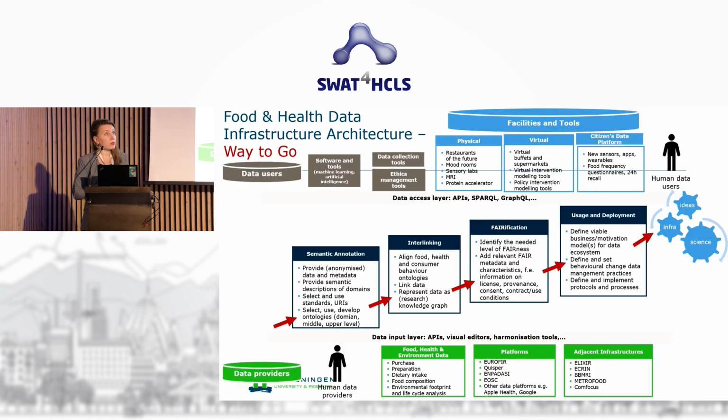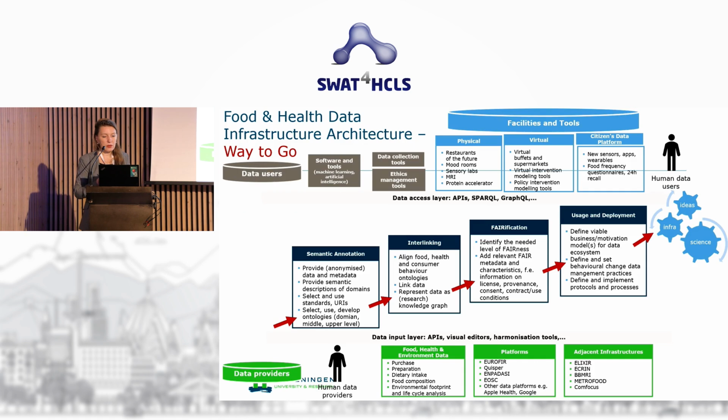Generally, it's also important to start little by little. For example, you want to integrate food and health, and there are so many things about this. But start with just providing data as knowledge graphs and generating high quality data, interlinking it with ontologies and verifying it, and then use and deploy, and then you see what else you need to change.